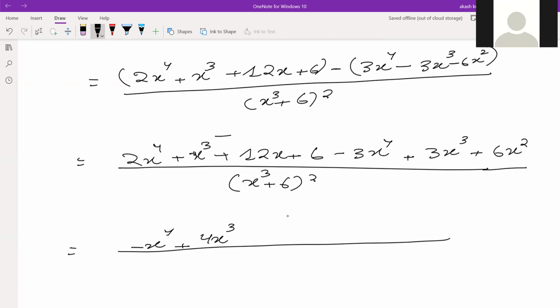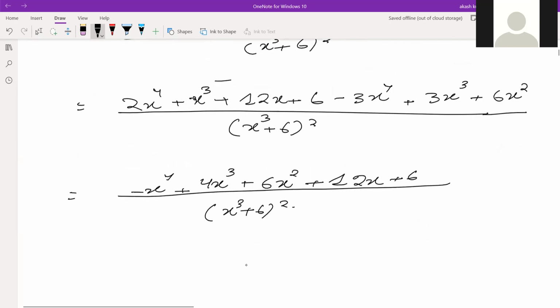There isn't any term for x squared, so 6x squared plus 12x plus 6. And then we have x cubed plus 6 whole square. Is it clear? Yes. Okay, I don't think so. We need to simplify it further. So that's the answer.